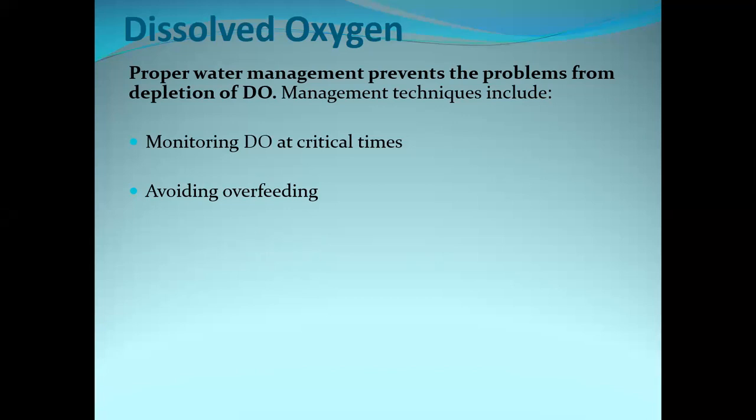A key thing, if you realize that dissolved oxygen within your system is low, you stop feeding at once. Because when you feed fish and they start to eat that food, they start to respire because they utilize oxygen for the breakdown of that food. So that's the worst thing to ever do when you have a low dissolved oxygen problem.